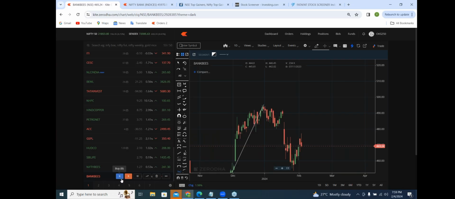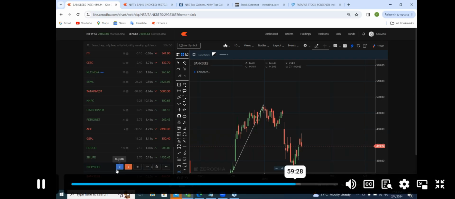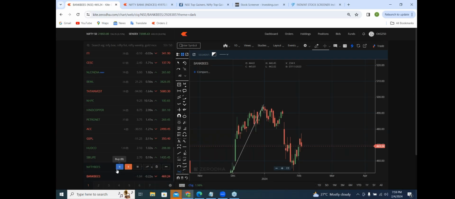Yes, Rahulji, you're supposed to invest in Nifty Bees and Bank Bees. You are supposed to invest for the long run. Thank you, Manish G. So can I expect you guys to practice this tomorrow?